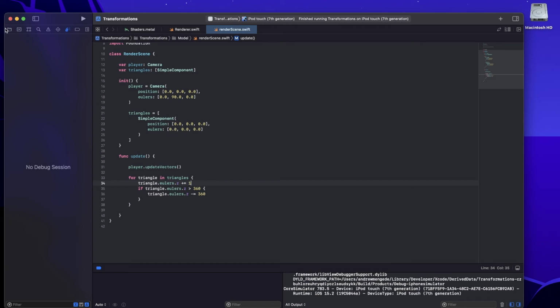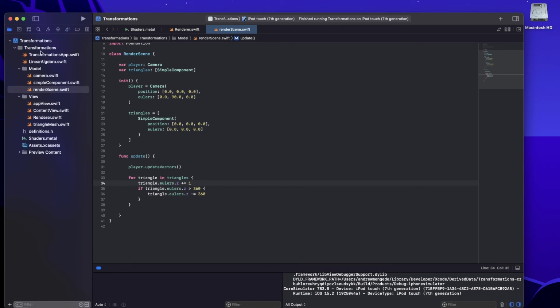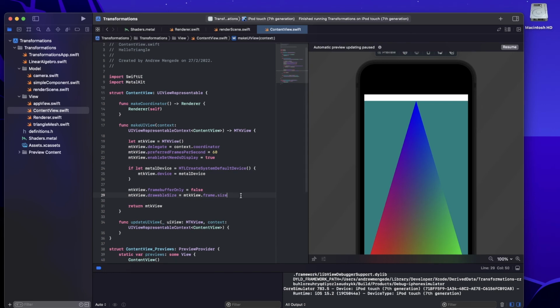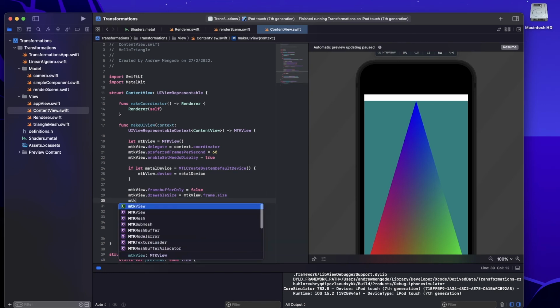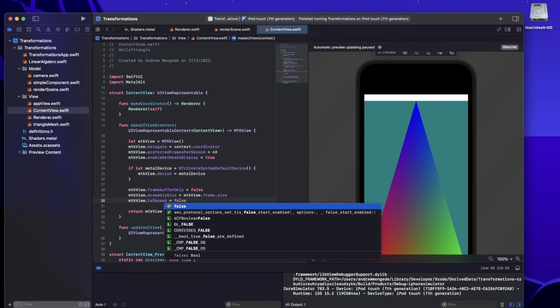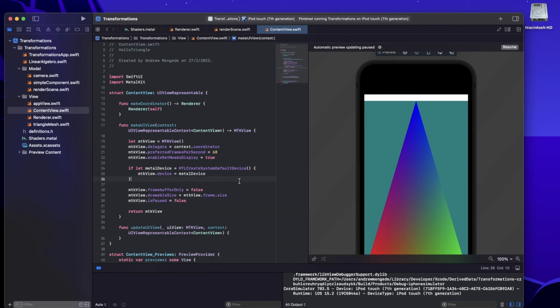So what we need to do, where was it? Okay, so content view has this metal kit view thing. There's a property that we need to set. It's is paused. So if is paused is true, then it will only kind of run once and then pause. We don't want that. We want it to update all the time.